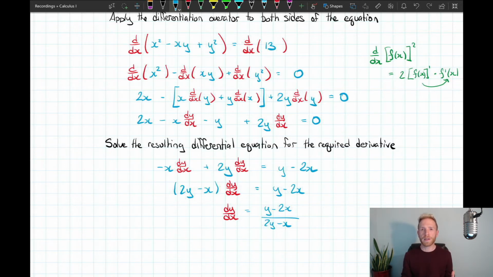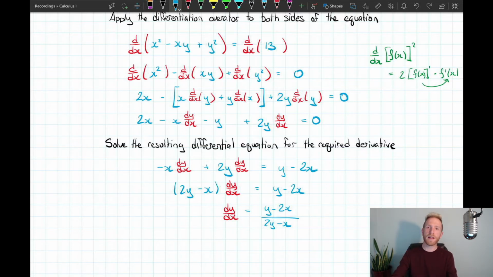Because we have that scenario, you need to know the x and y coordinates of a point on the curve and plug both into this derivative expression so that you can get the slope at the specific point you're looking for. So don't be too surprised.